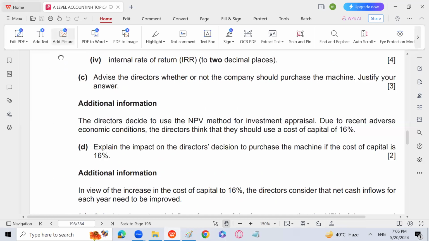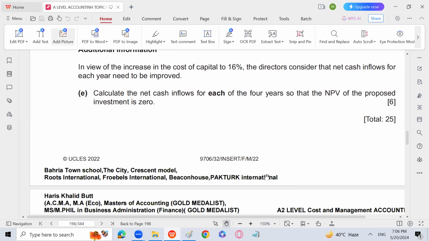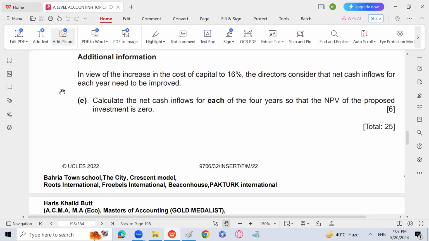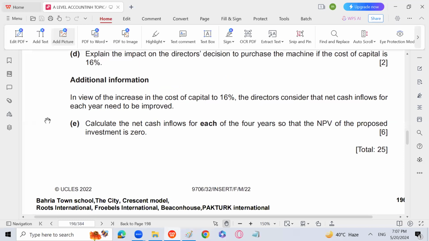This question has basically come in February-March 2022, paper 32, in A-levels paper 4. At that time there was only paper 3, but it will come now in paper 4. ABC costing, I've already given you the questions.